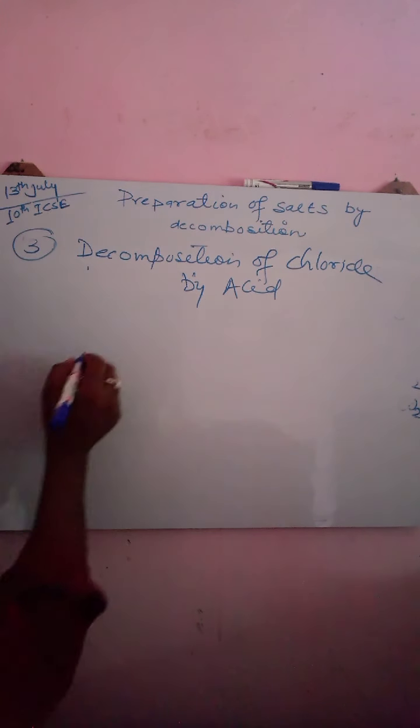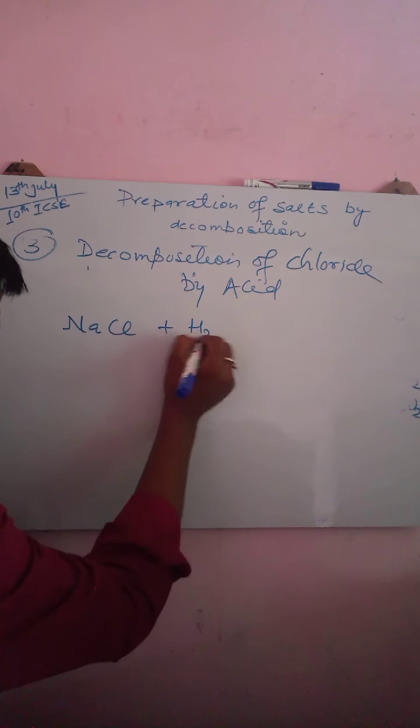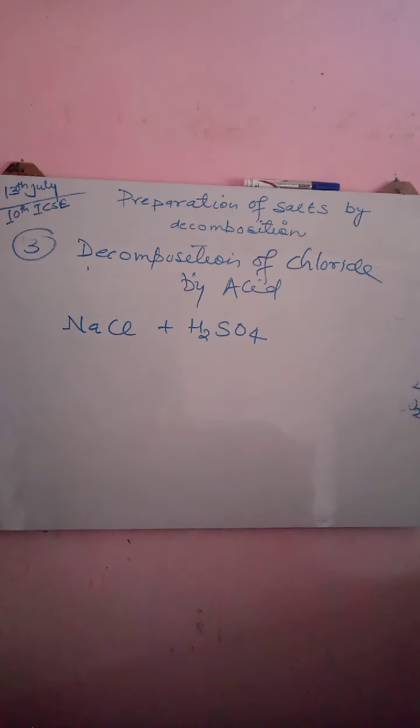Chloride means metal chloride. You can see the example of sodium chloride, NaCl, plus sulfuric acid. Very familiar reaction. NaCl plus concentrated sulfuric acid.